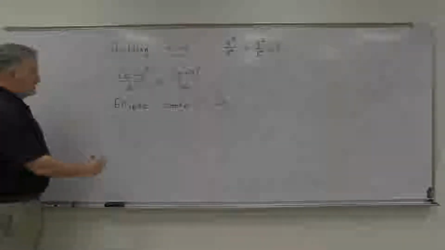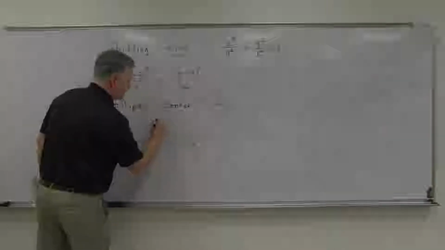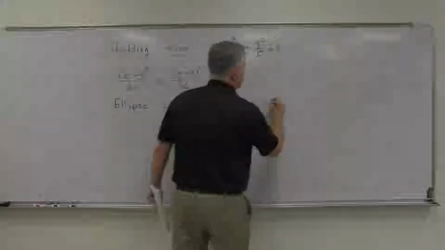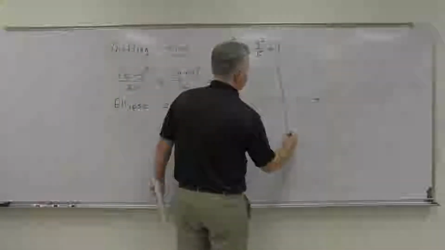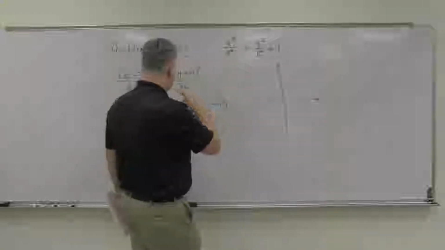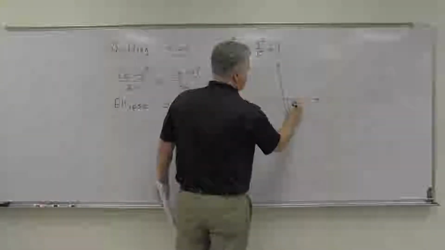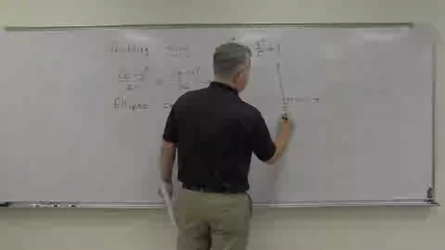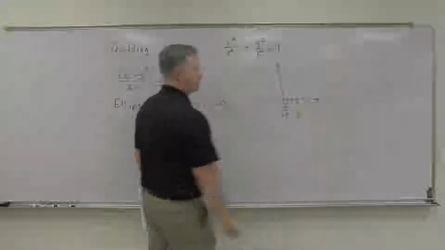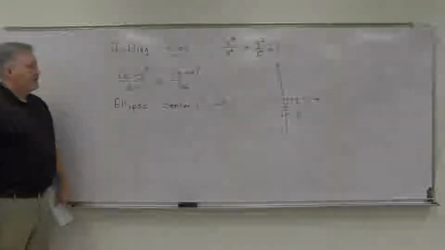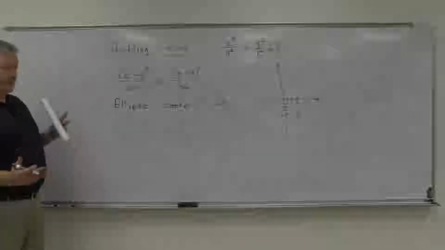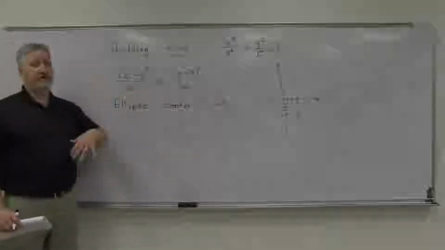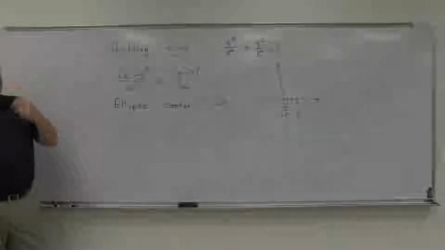Okay? All right, so if I try to graph this thing then, here's what I've got. We go out to 3 and negative 4 from the center. If you remember, when we graphed the ellipses before, we went out in the x direction and the y direction the appropriate amount. Well, what was the appropriate amount?